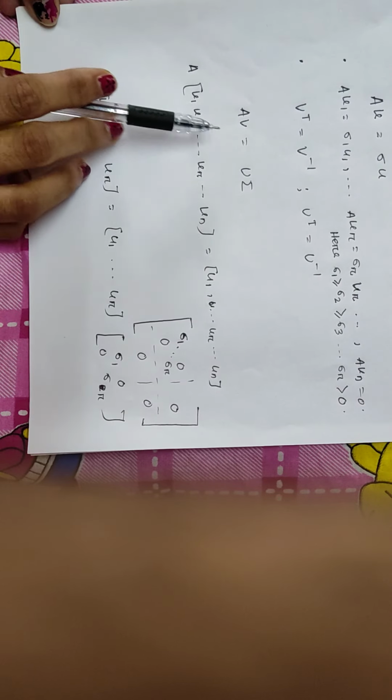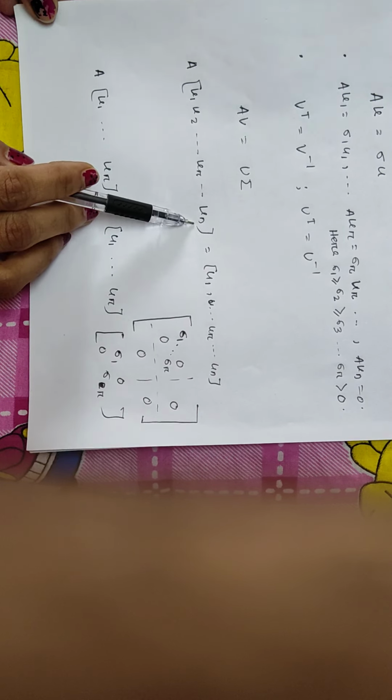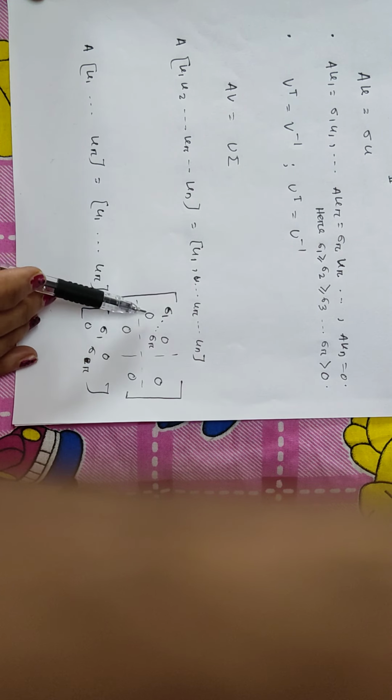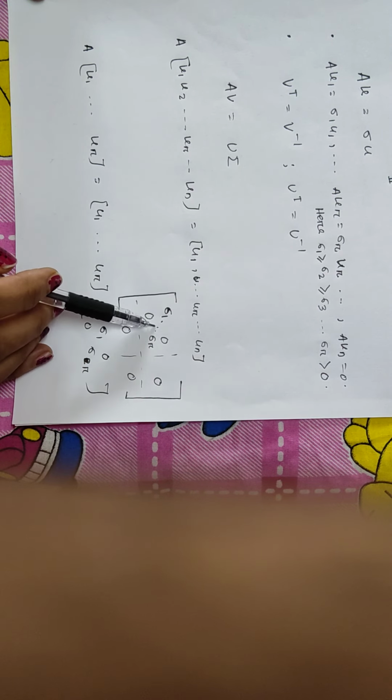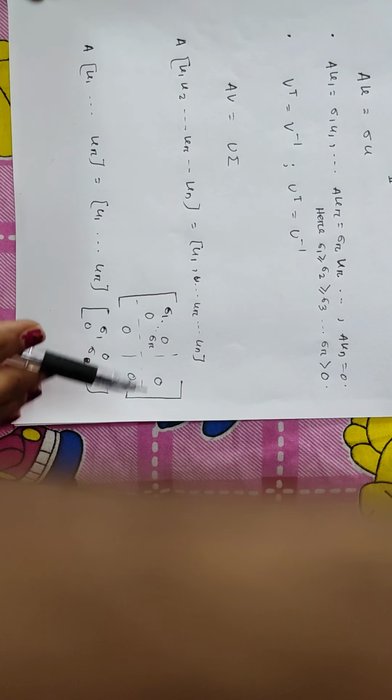Then A V can be written with V as V1, V2, VR up to Vn, U as U1, UR, Un, and the matrix sigma as sigma 1, sigma 2 up to sigma R, and all other components are 0. We can write it as A times V1 up to VR equal to U1 up to UR times sigma 1, sigma 2 up to sigma R, and all other components are 0.